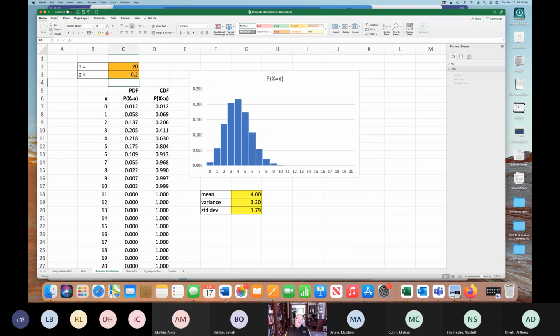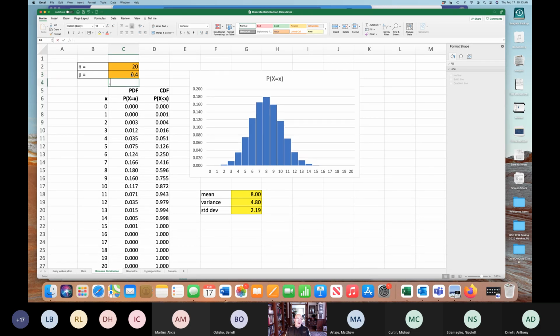It becomes less skewed right. And 0.3, and 0.4, and at 0.5, where each of the two alternatives are equally likely, the p and the q are the same, it becomes symmetric around the mean, which is 10.